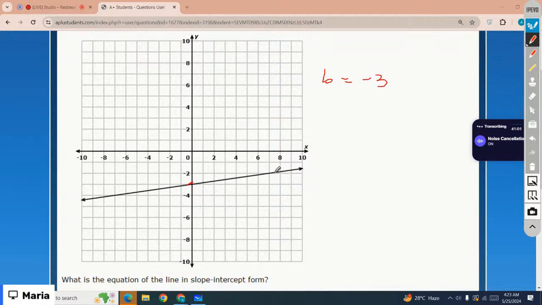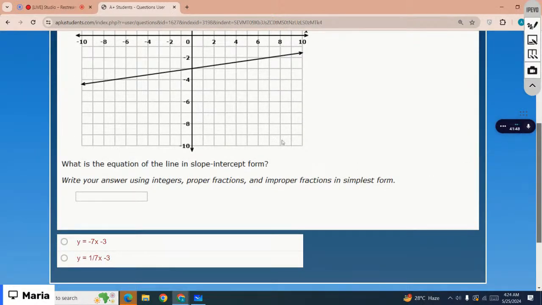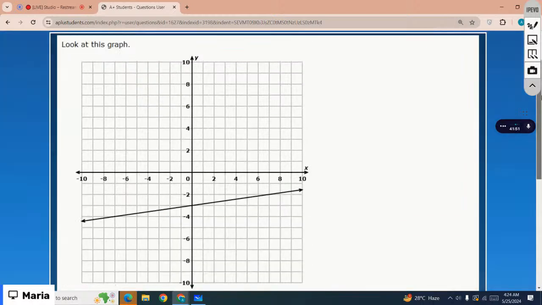And the slope is 1/6 it is, right? That is y equals 1/6x, sorry, 1/7x minus 3. Option number 2 is the correct option.